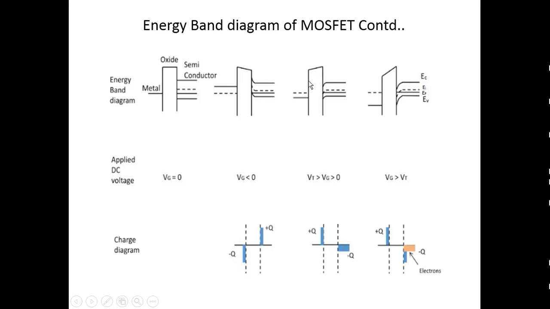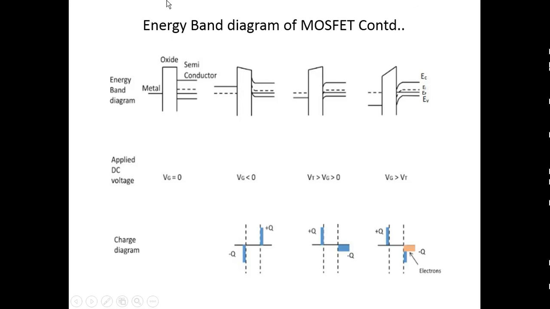This is the energy band diagram for the device. This is the silicon oxide layer, this is the metal contact over which we give the connection, and this is the semiconductor region. Here you can see that the Fermi levels of the metal and the semiconductor almost coincide with each other. That is because this is a neutral case, isn't it?